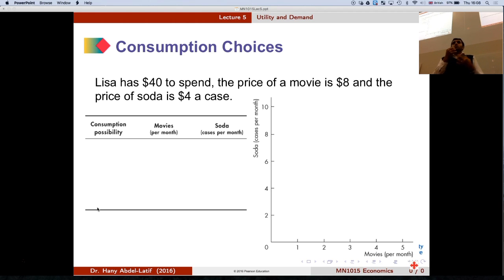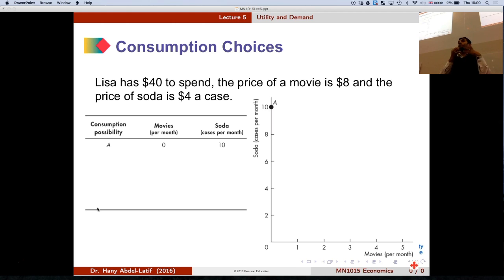Now she has the choice. She can say, well, I could buy no movies. I'm just going to spend the $40 I've got on soda. So how much will she get? She has $40 in her pocket, and the price of soda is $4.